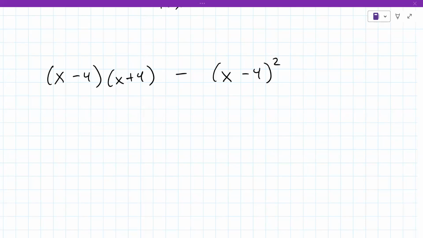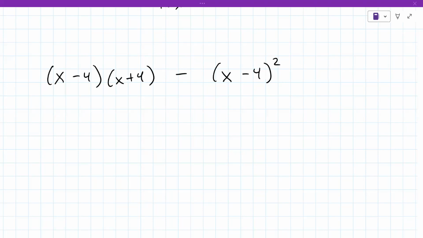Well, that would be x squared plus 16. x squared plus 16 minus x squared minus 8x plus 16.